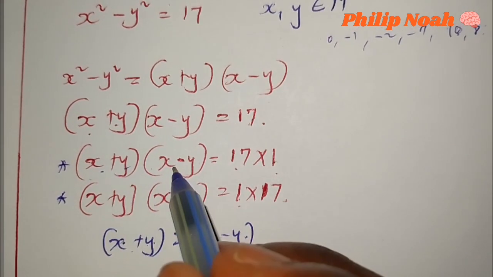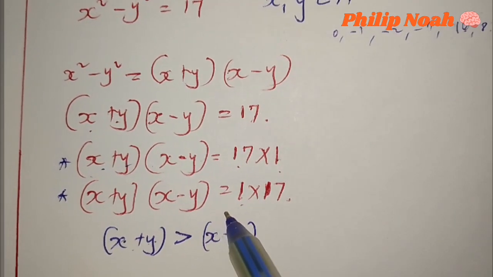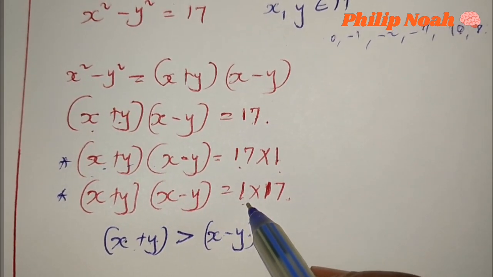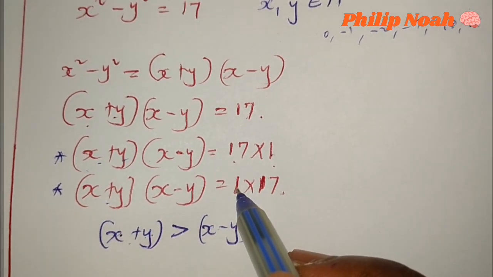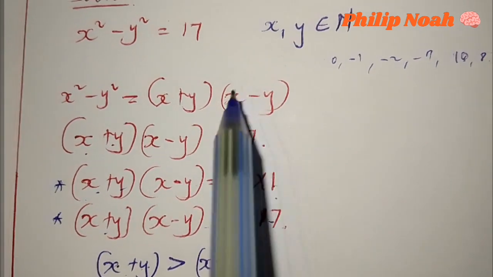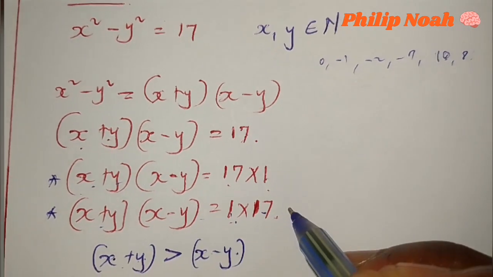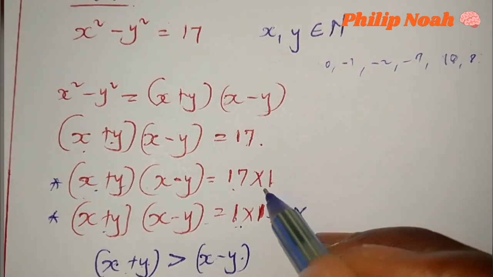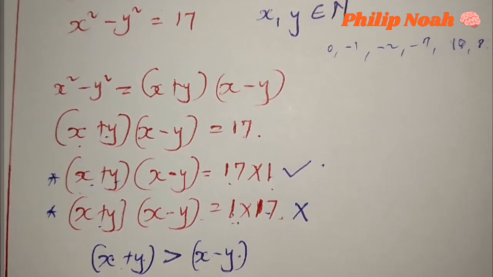If x plus y is greater than x minus y, then case 2 is not true, because x plus y cannot be 1 and x minus y be 17 if x and y are positive. So we shall ignore this and take the one up there. It makes sense.